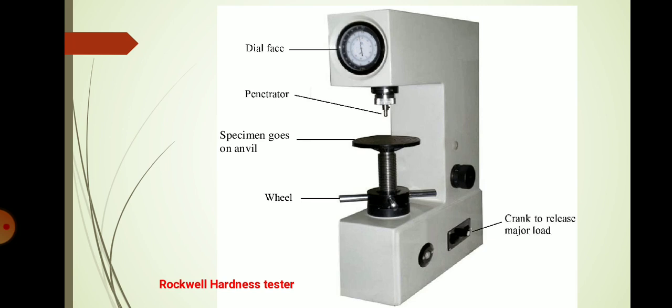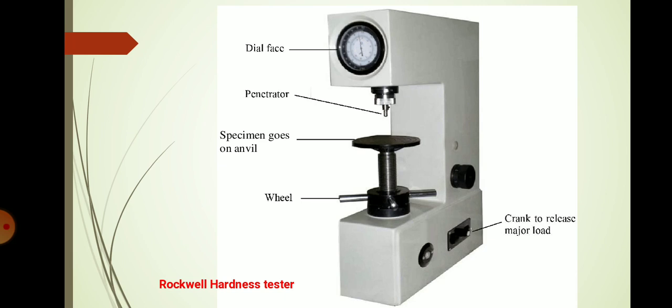The Rockwell hardness tester consists of firstly the penetrator, or it is called an indenter. Secondly, the specimen which is mounted on the anvil, and one wheel to move the anvil up and down, a dial indicator, and a hydraulic load application mechanism inside the body of the Rockwell hardness tester.